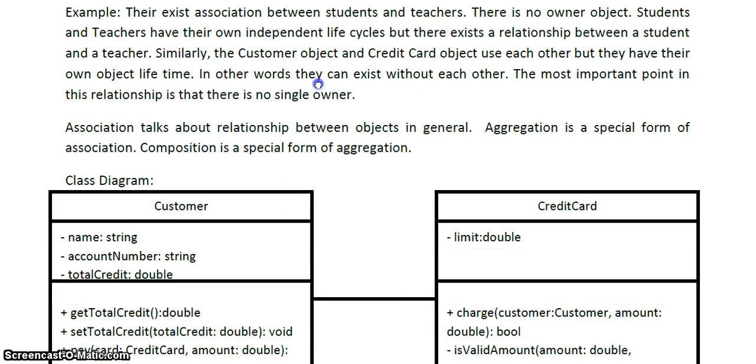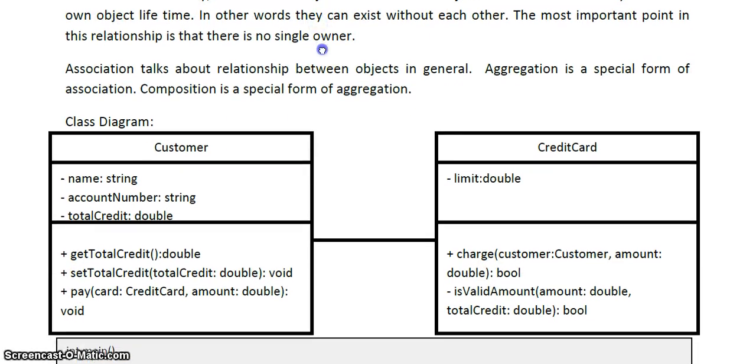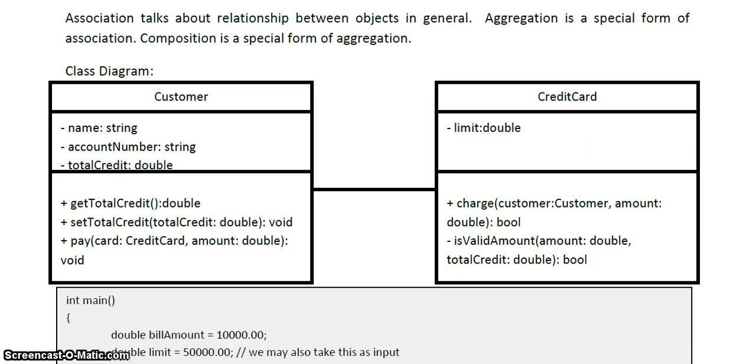So here is how we can visualize it using a class diagram. Just a solid line, and the class diagram has three parts. The top part has the name of the class. The next has the attributes or the members, and the third box has the methods or the responsibilities of a class.